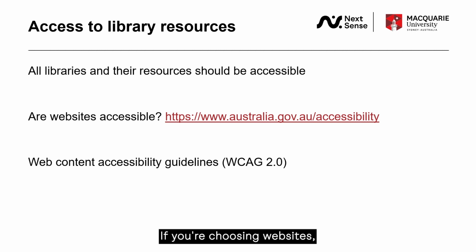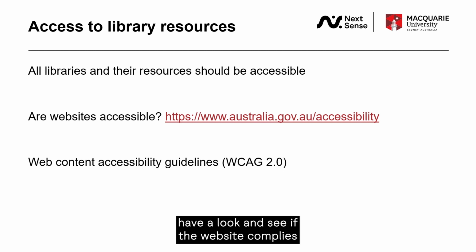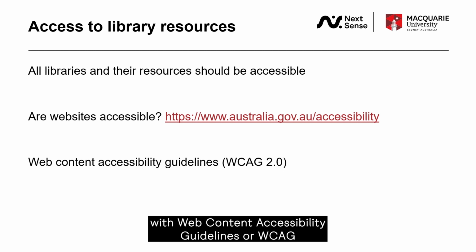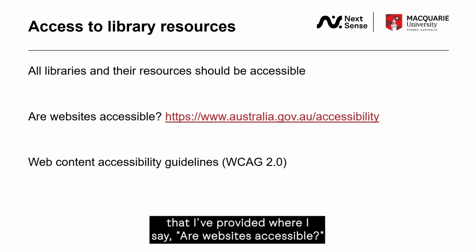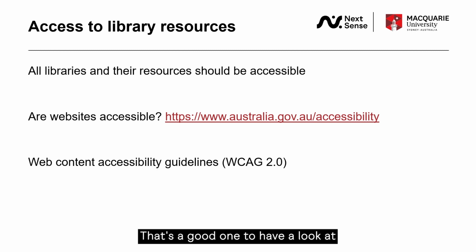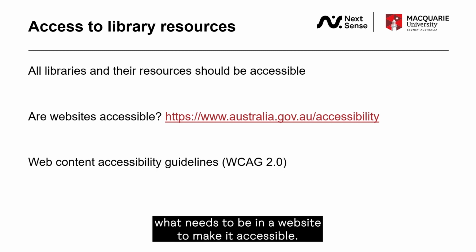If you're choosing websites, have a look and see if the website complies with Web Content Accessibility Guidelines, or WCAG, and we're into version 2. You can read more about this at the link that I've provided, where I say, are websites accessible? That's a good one to have a look at what needs to be in a website to make it accessible.